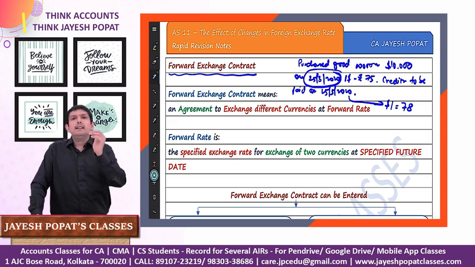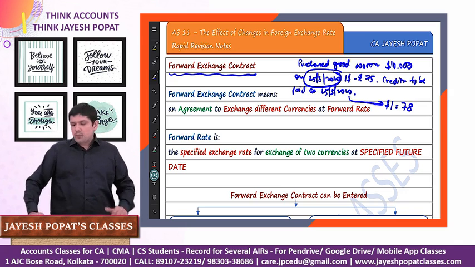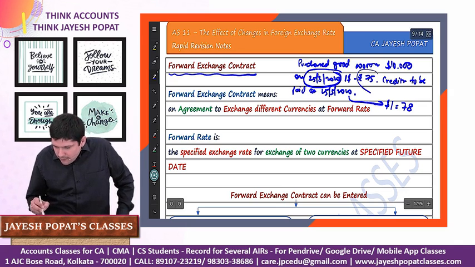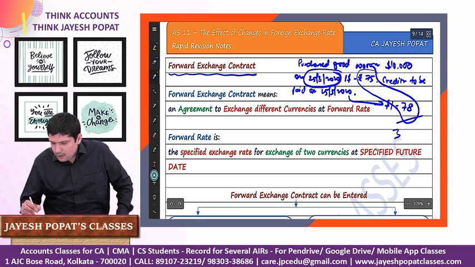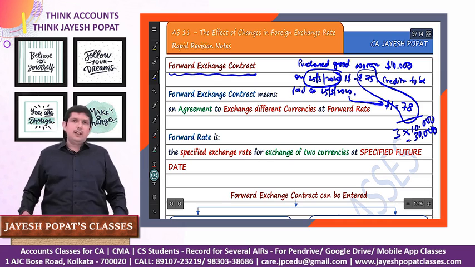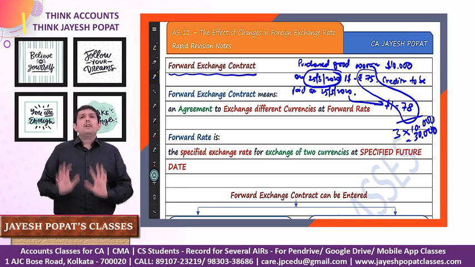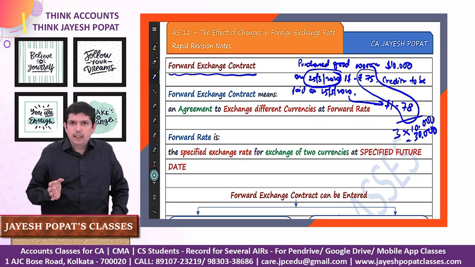We are expecting that the rupee-dollar price will move adversely and the exchange rate will increase, right? So I know that I will be making a loss of 3 per dollar, and into $10,000, my total loss of fluctuation is 30,000. So I tell the bank, okay bank, freeze the contract on 25th of May 2020.